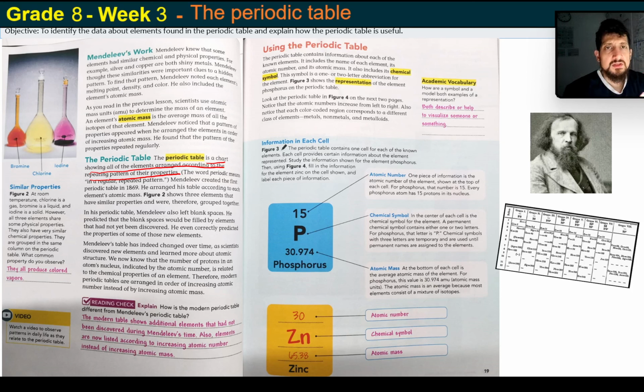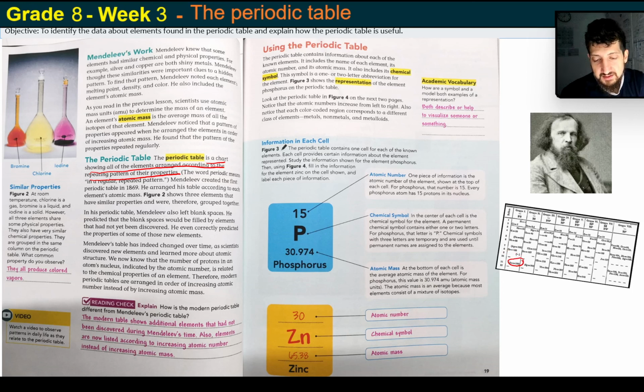He decided, let's form a periodic table and put the elements in order and see what comes up. And he was so clever that he could predict that in the future we were going to discover certain elements that he hadn't discovered yet. So what did he do? In his periodic table he had gaps, and you will see some of those gaps here. For example, there's a gap, there's no element there.